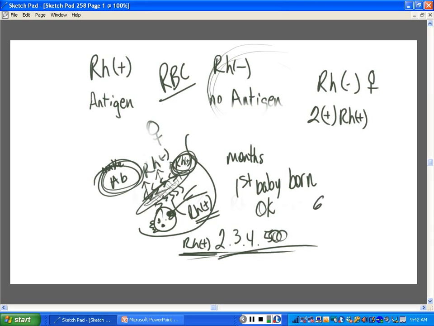They look at it two ways. Erythroblastosis fetalis. That means increased red blood cell production in the developing baby, right? Erythroblastosis, increased production in a baby.